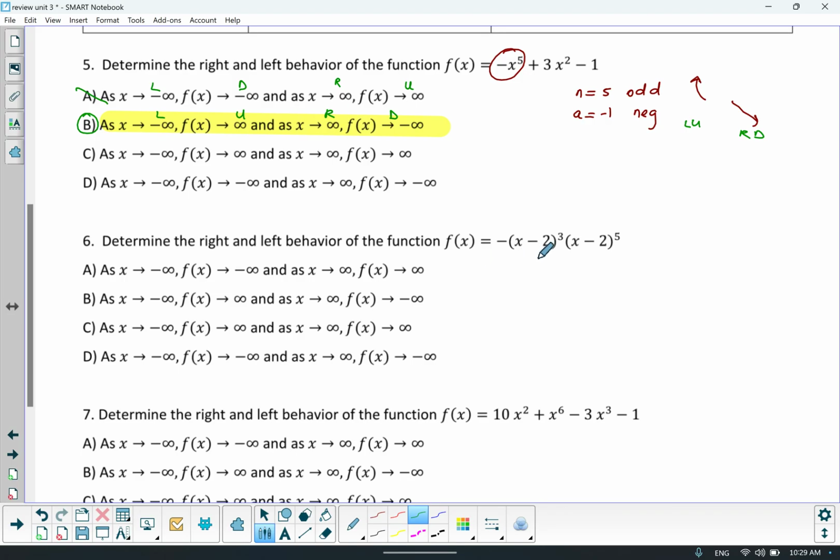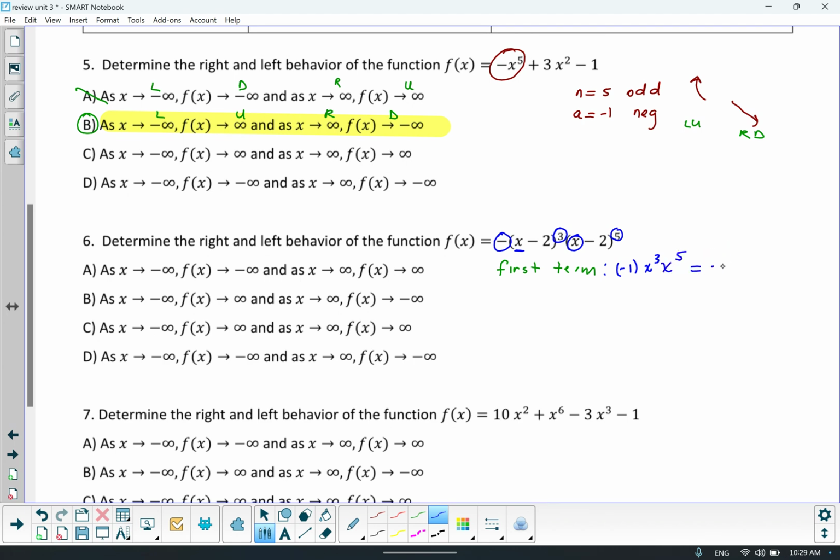Okay, number 6, that's the type where it's not in expanded form, it's in factored form. So we have to find that first term first. Here's that coefficient, that's really -1. Then you're taking x cubed, the first term in that parentheses cubed, and now the second term in the parentheses to the 5th.